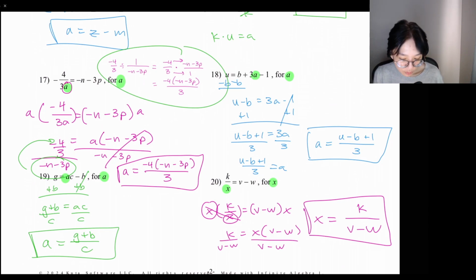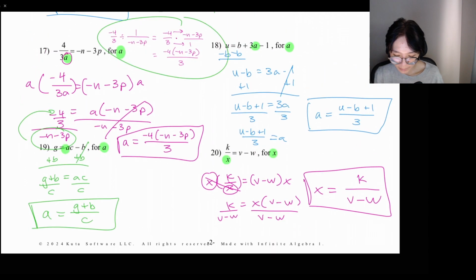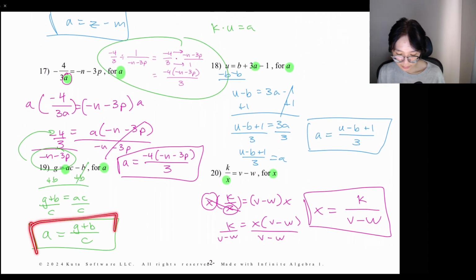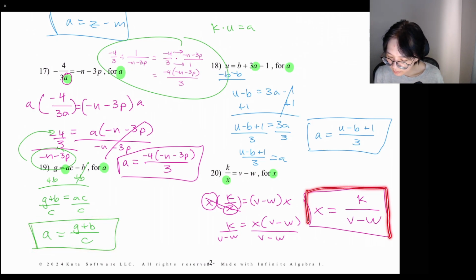If you really want to, you can distribute this, but I'm not going to make you do that. You don't have to. 18, A is equal to U minus B plus 1 over 3. 19, A is equal to G plus B over C. 20, X is equal to K divided by V minus W.